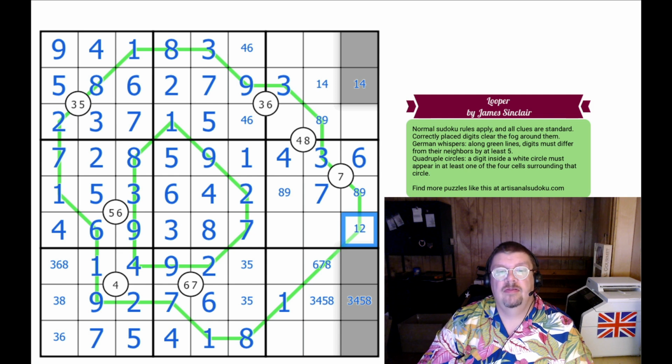That's not a 3. We need 1, 2, and 5 to complete the box, and that's not a 1. That 3 removes a 3 from there.